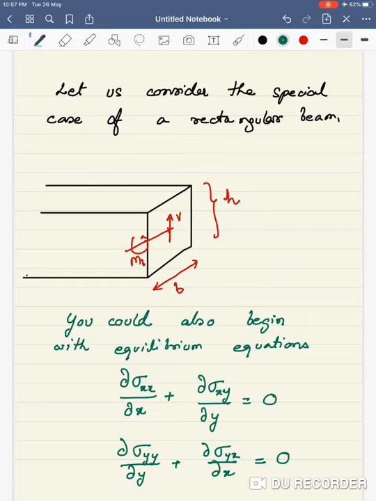So we could also begin by applying the equilibrium equations to this particular case of the rectangular beam. I hope you remember what happens if you had to apply the equilibrium conditions in 3 dimensions. There is another term that will come here. If you had a body force term, there's one more term that will come.